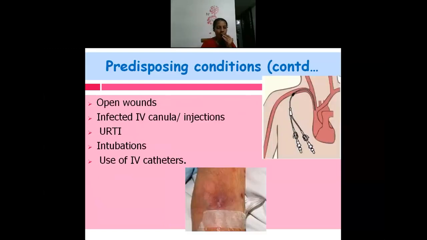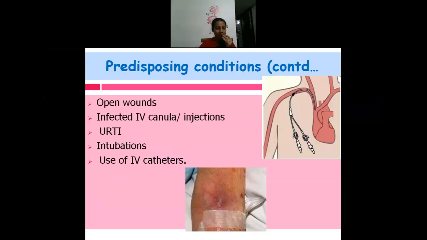And other main predisposing causes, if a person is having any open wound, what will happen when there is an open wound? Bacteria may enter through the blood, and that may cause infection and it may affect the endocardium. Next is when you are using injections, especially infected ones, like IV cannulas and all are used, that also can predispose for endocarditis.